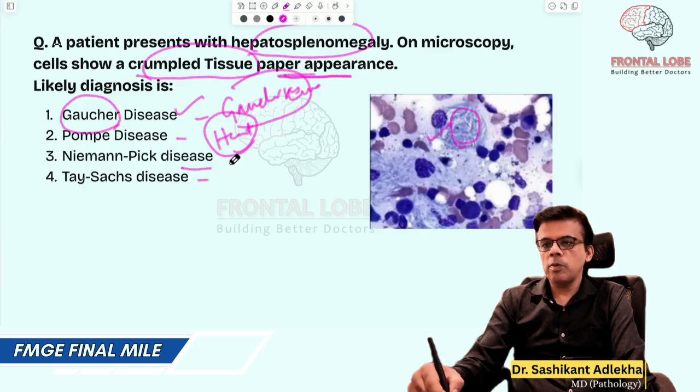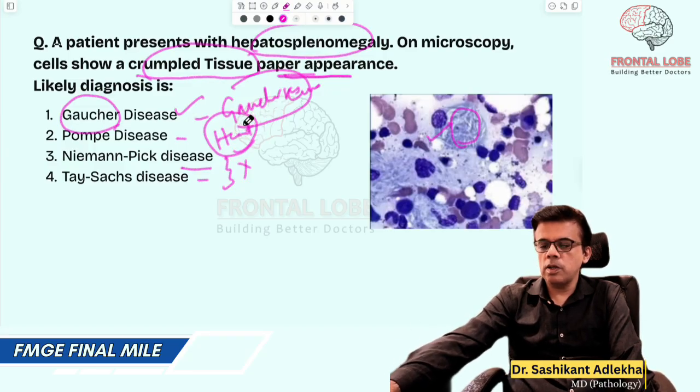So Niemann-Pick disease and Tay-Sachs are ruled out because there are no Gaucher cells. The crumpled tissue paper appearance is very characteristic of the Gaucher cells. The glucocerebrosidase deficiency is seen, and that leads to the accumulation of glucocerebroside, and that gives rise to this crumpled tissue appearance. So the correct answer here is Gaucher's disease.